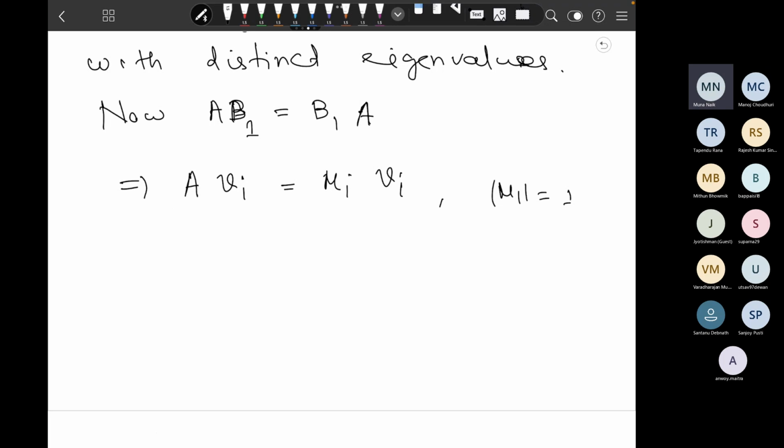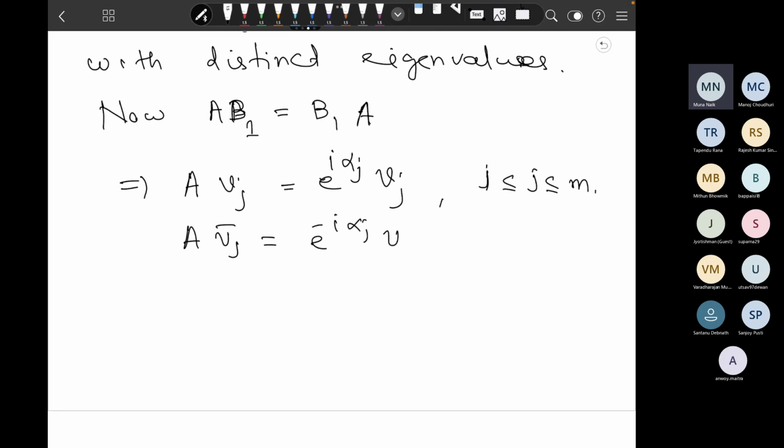So this is mu j equal to e to the power i alpha j, for 1 less than or equal to j less than or equal to m, and A Bj bar is equal to e to the power minus i alpha j Bj bar, where alpha j belongs to 0 to 2 pi.